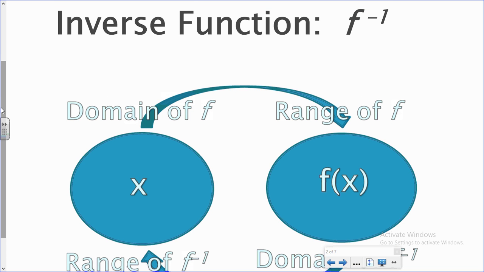Instead of saying the x's and y's switch, that's still an apt description. I'm going to go ahead and describe that the domain of f becomes the range of f inverse. So our x's and y's are switching, which means our domain and range also switch.